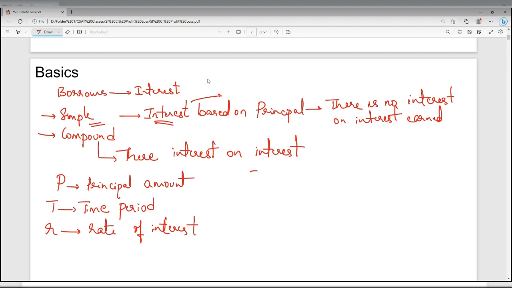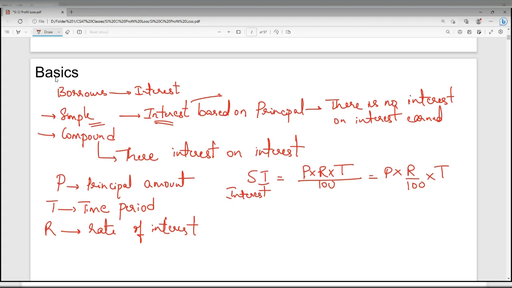So the simple interest amount is P into R into T divided by 100. This is P into R by 100 into T. This is how we have combined everything and written like this.